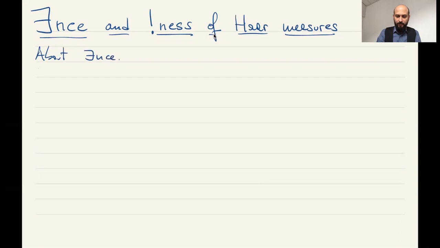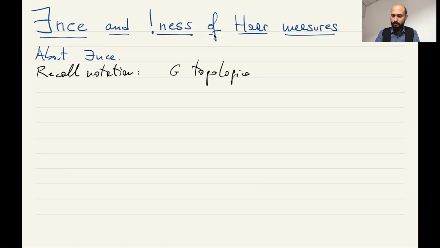Okay, so let's start with the existence. Let's recall some notation. We have that G is a topological group. Eventually, we assume that G is locally compact. And then we consider the positive continuous functions with compact support.